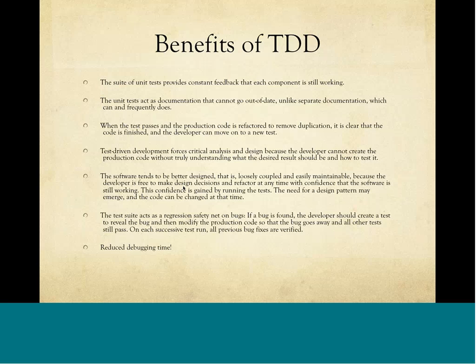Software tends to be better designed when you write your test first. The reason for this, and we'll go over it in one of the examples, is that to be able to write your test first, you kind of have to know what your code is doing, and you should actually design your code first, rather than just start coding and come up with the design after you've started.